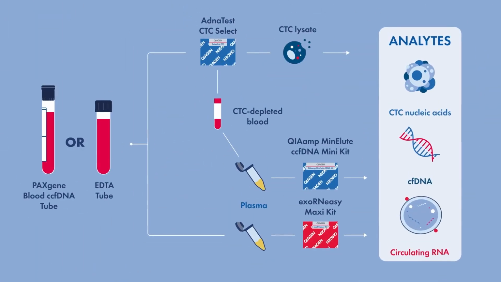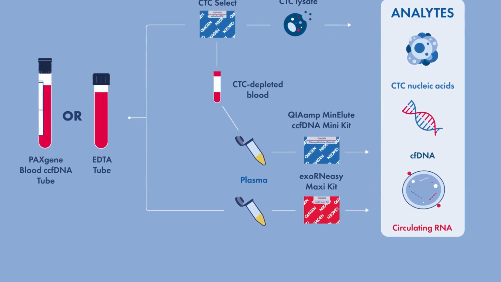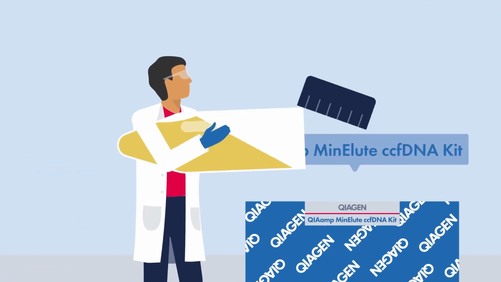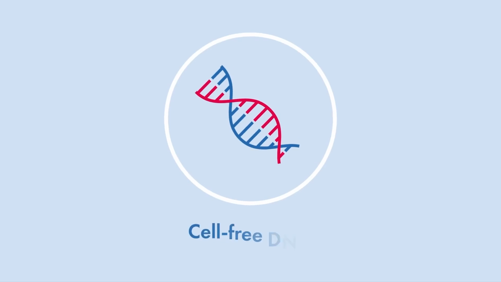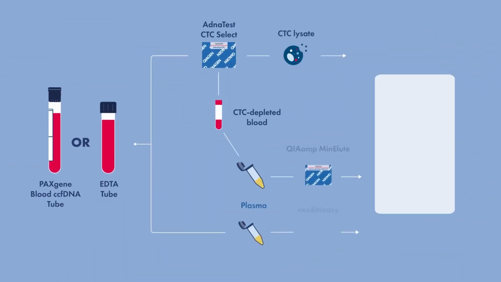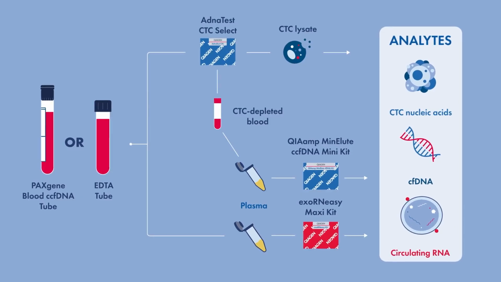Afterwards, the same blood sample depleted of CTCs is used to generate plasma and extract cell-free DNA using the Qiagen MinElute cfDNA kit. To complete the picture, circulating RNAs are extracted from the second blood tube using the exoRNeasy kit.